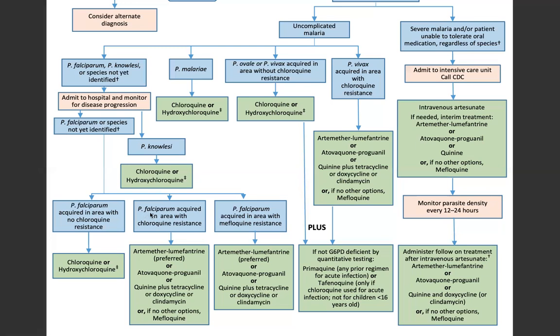But if the Plasmodium falciparum was acquired in an area with chloroquine resistance, then artemether and lumefantrine are preferred, and it is the drug of choice for uncomplicated malaria caused by the Plasmodium falciparum species.